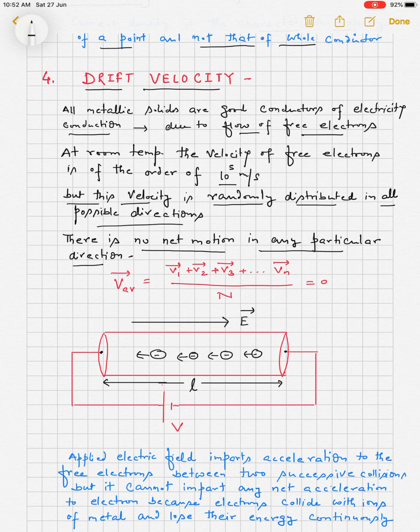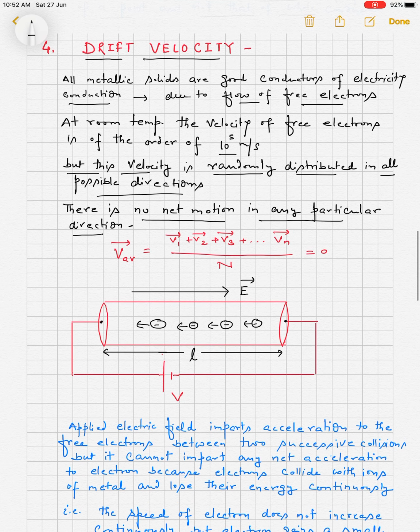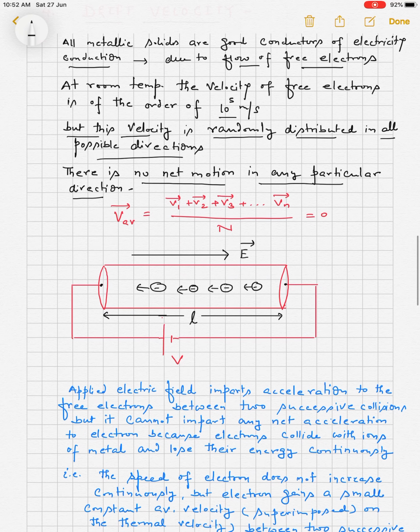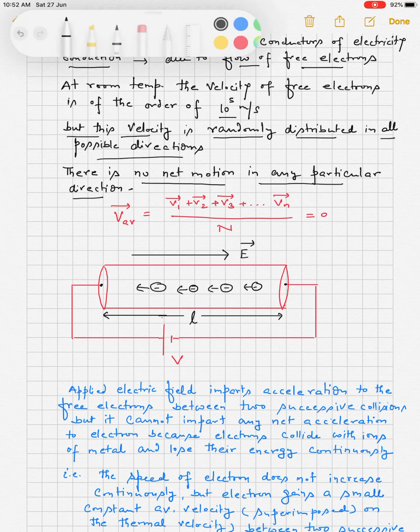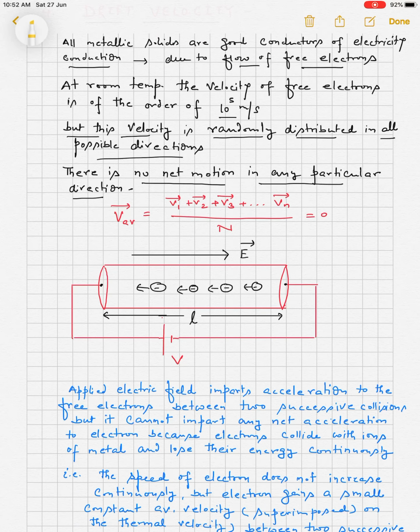Here a conductor is shown of length L, and across its ends a potential difference V is applied. So what happens? The applied electric field imparts acceleration to the free electron between two successive collisions.